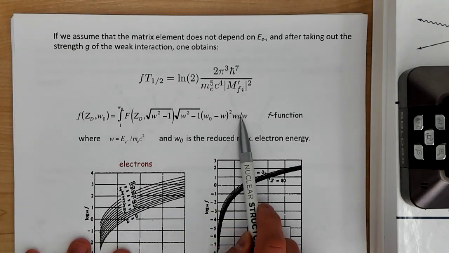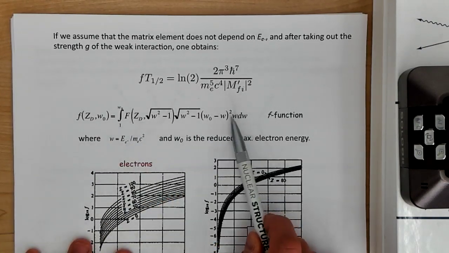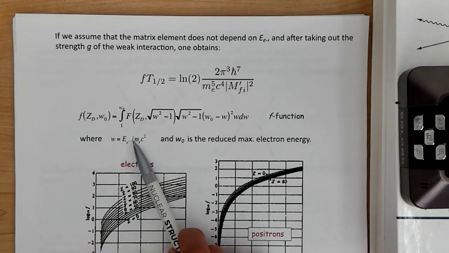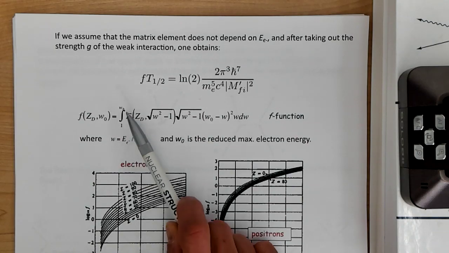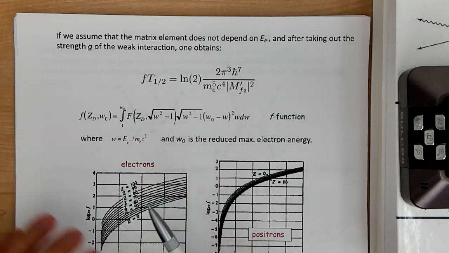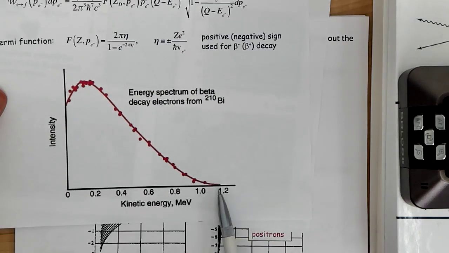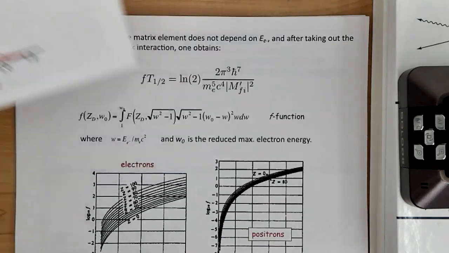Okay, this W here that we're integrating with respect to is the energy of the electron divided by the rest energy of the electron, and this W0 is the maximum possible value for the electron. That's essentially what's indicated here, about 1.2 MeV for that case.